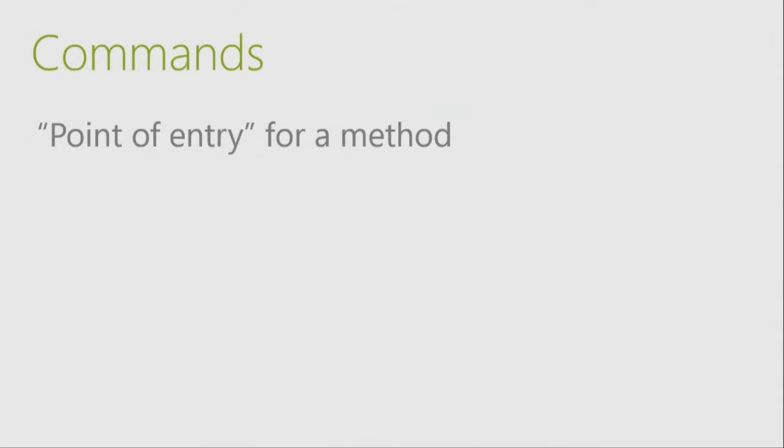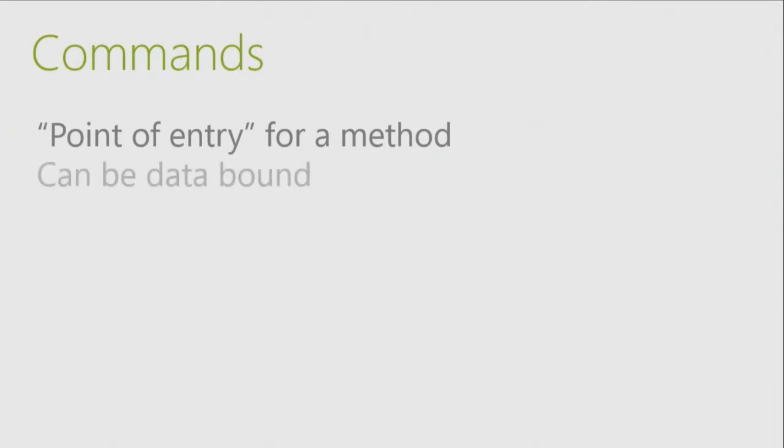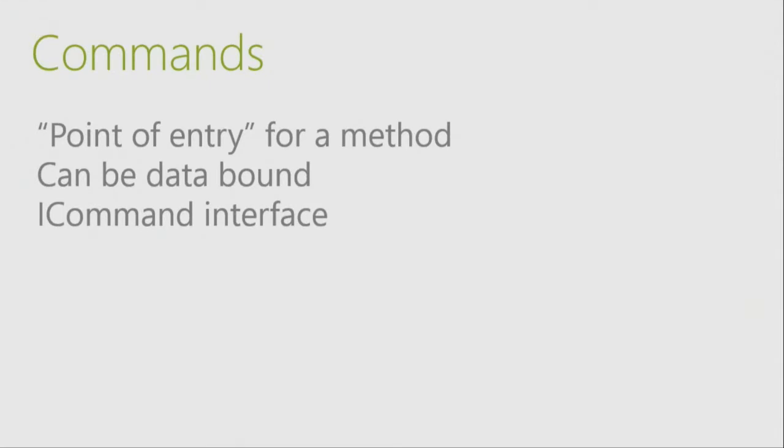You cannot data bind directly to a method, unfortunately, so you have to data bind to a property, and that's the command. Of course, you can also actuate commands directly in code, that works, but if you have data binding, that's actually pretty convenient.